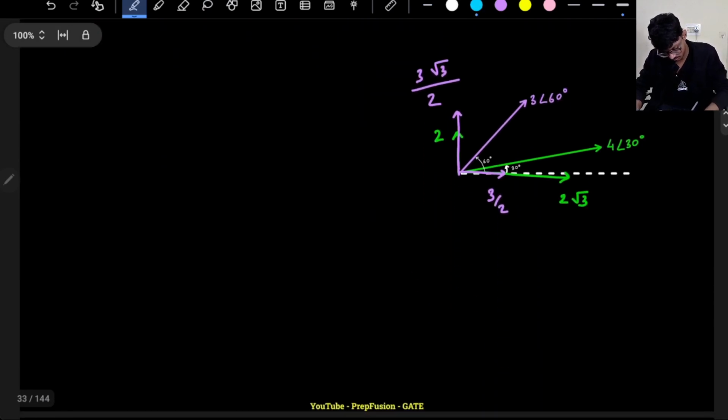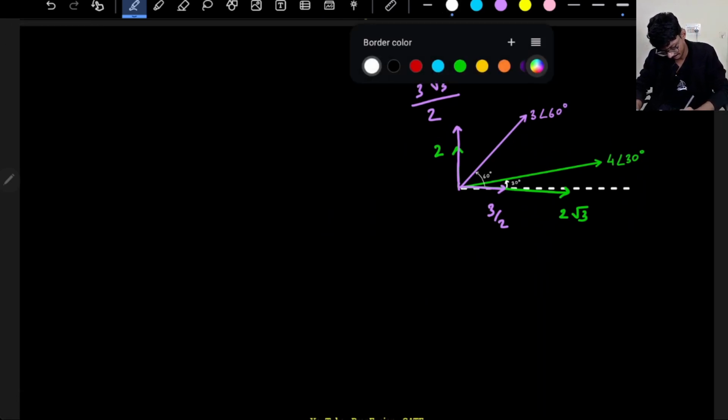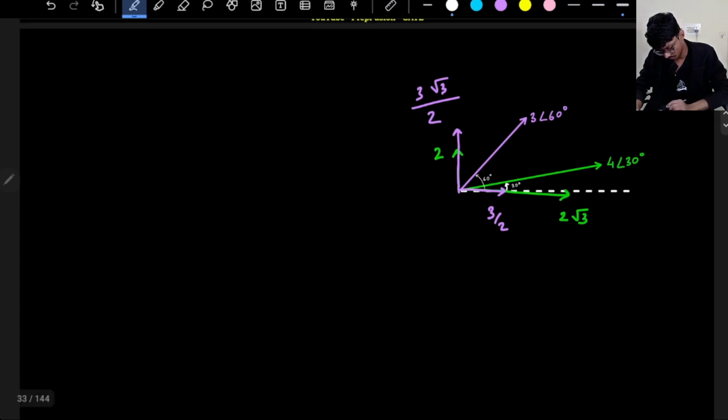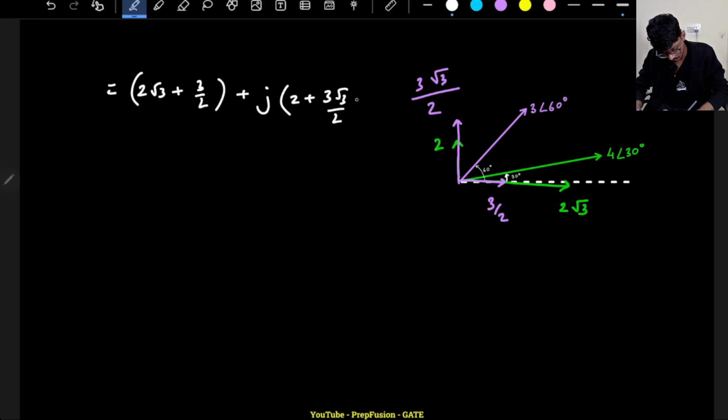So now just adding the y and x components. The x component will be 2 root 3 plus 3 by 2, and the y component will be j times 2 plus 3 root 3 by 2.